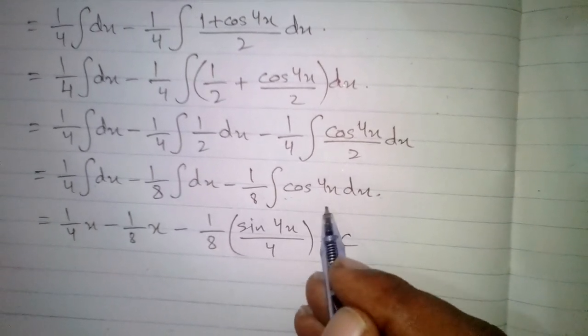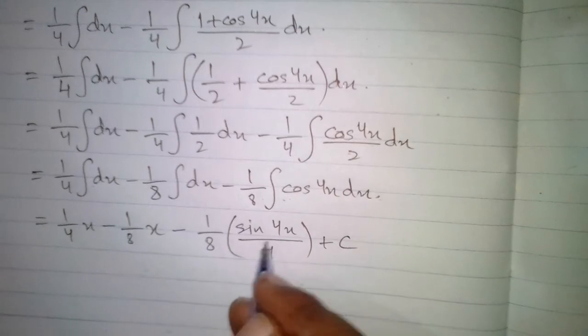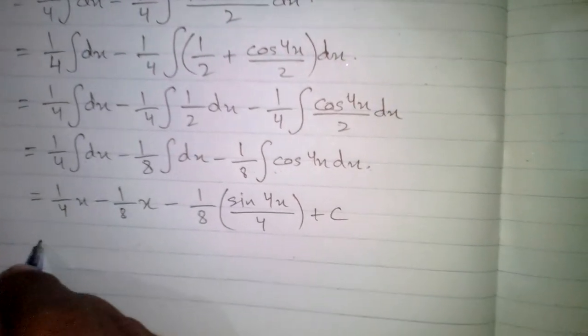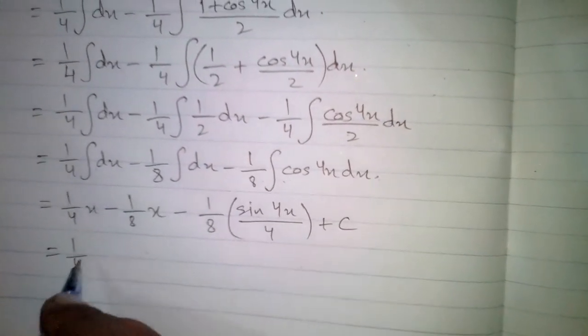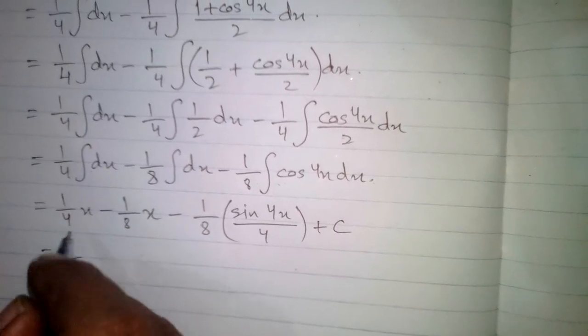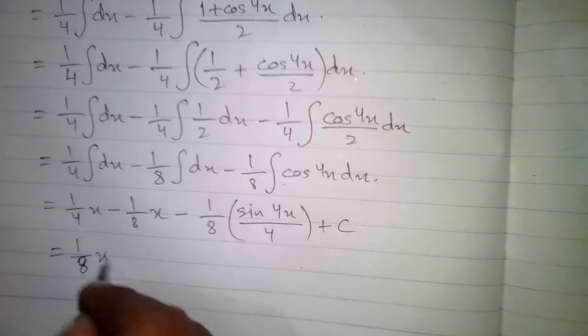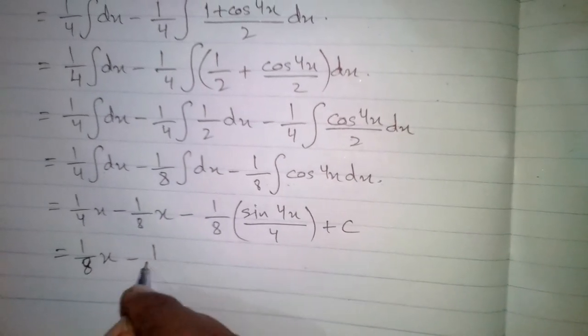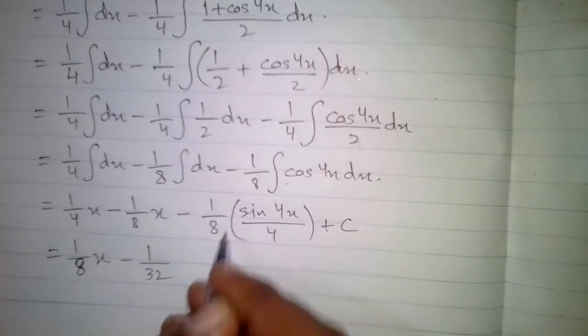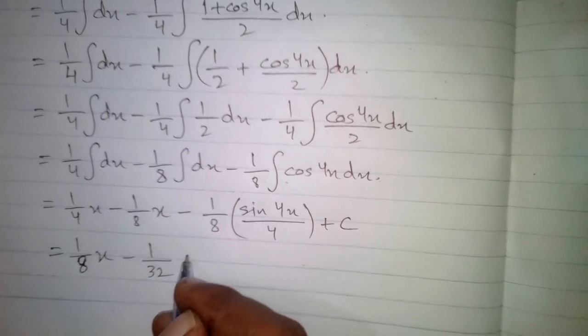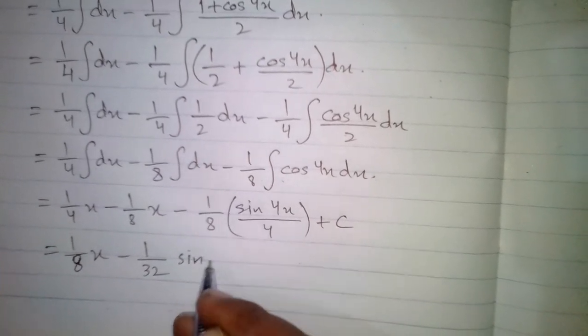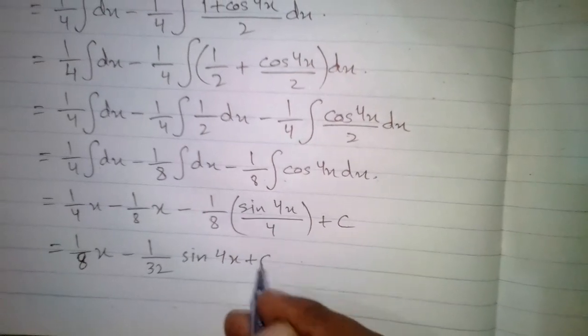So the derivative of 4x is 4, so we have 4 in the denominator. Then after simplifying, we have 1 upon 4x minus 1 upon 8x is 1 upon 8x, minus 1 upon 32. 8 multiplied by 4 is 32. So we have 1 upon 32 sin 4x plus c.